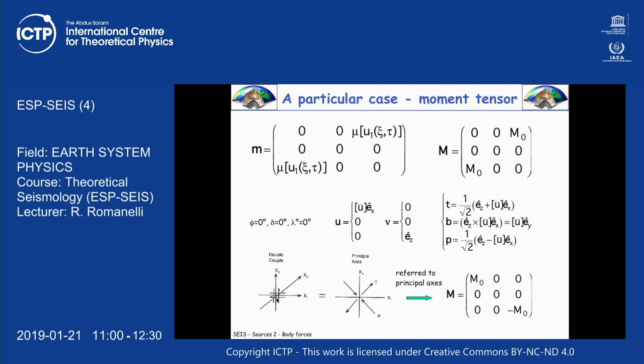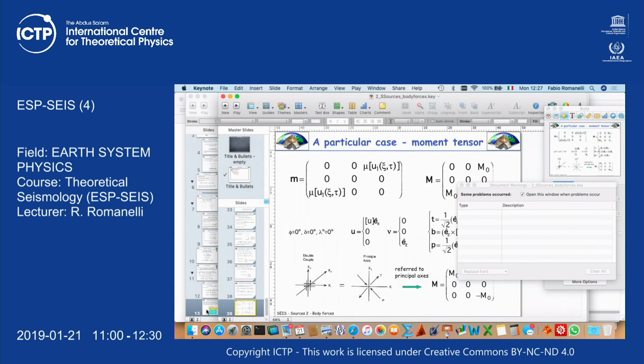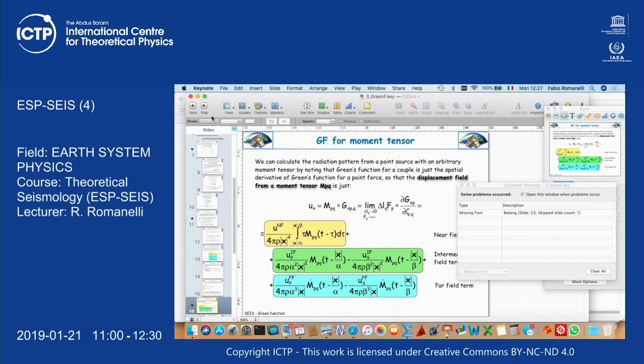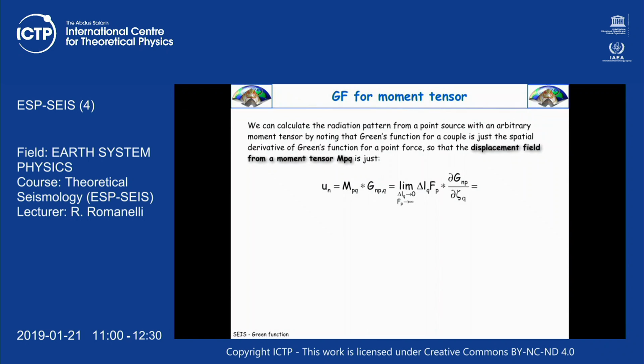We have to compute the derivative. That's why the Green's function is not enough, but we have to compute this. Actually, what we have to do is to compute this.